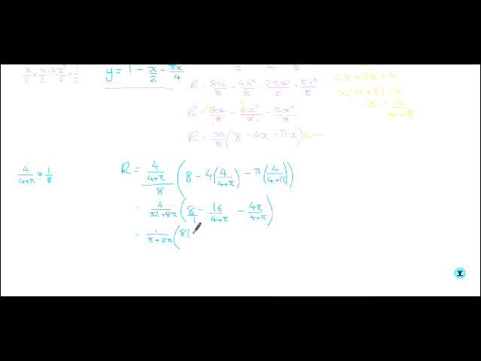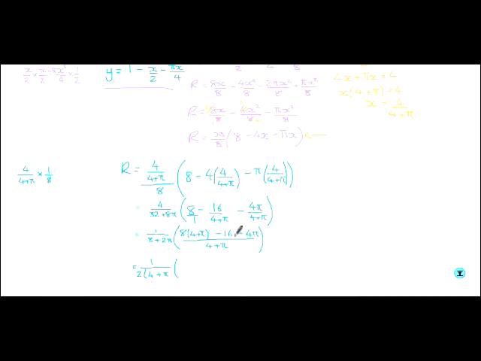So we're going to have 8 lots of 4 plus pi minus 16 minus 4 pi, and that's all going to be over 4 plus pi. Now, looking at this also, I noticed one more thing. You might not see this straight away, but it should make sense to you. That's actually 2 lots of that. So I'm going to write that. So that's 2 lots of 4 plus pi.